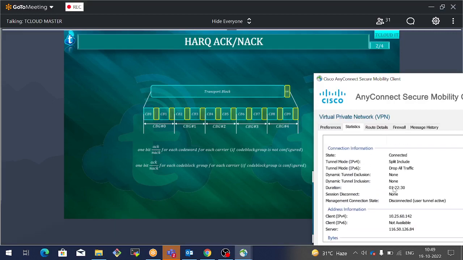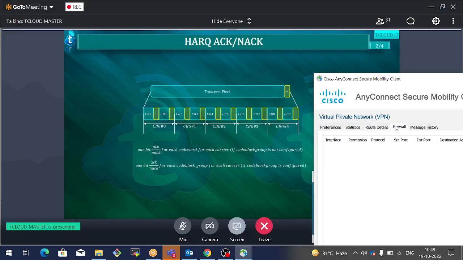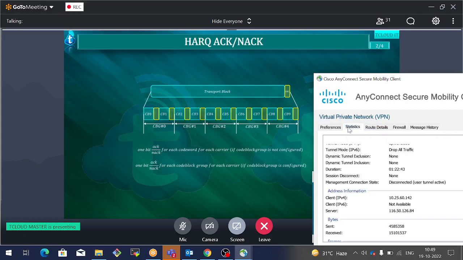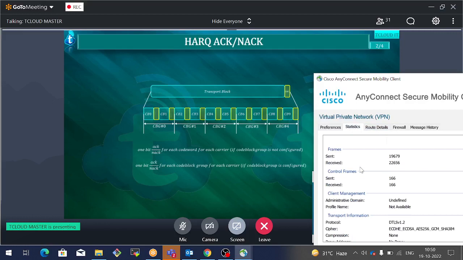We divide it into pieces, and for each one of those blocks of data, we attach a CRC. The network creates a block group configuration.